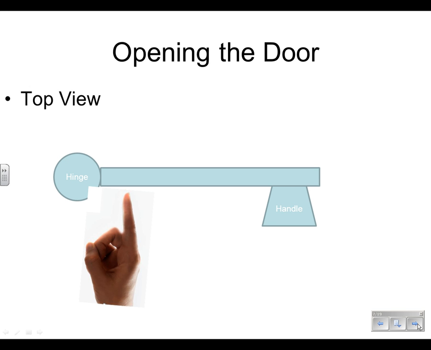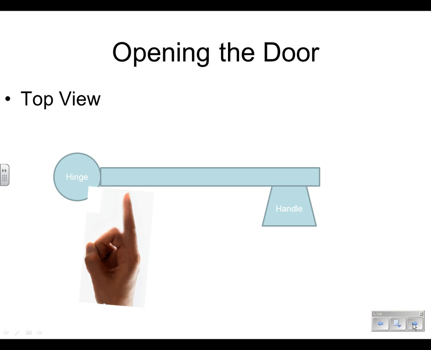Now, can you open the door that way? Yeah, you can, but you've probably experienced that it's much harder. The closer you are to the hinges, the harder it is to cause the rotational motion that's going to result in the door opening. You can make it happen, but it's a lot harder to do.